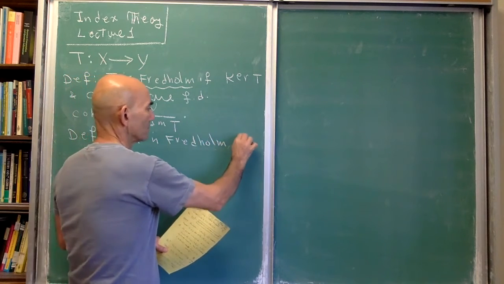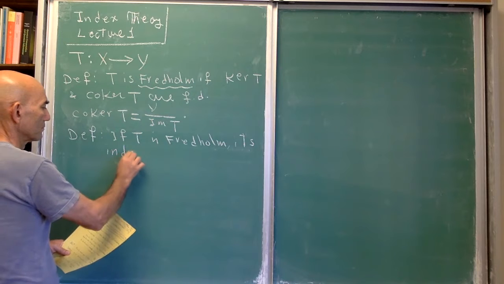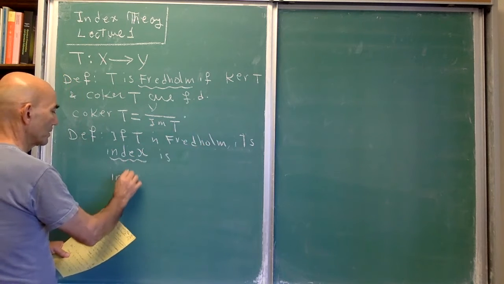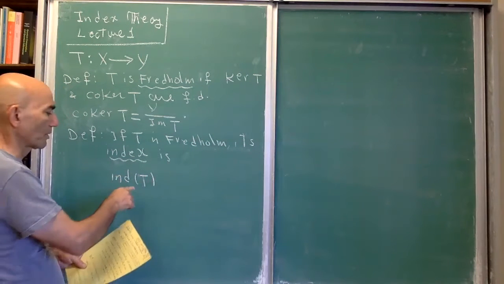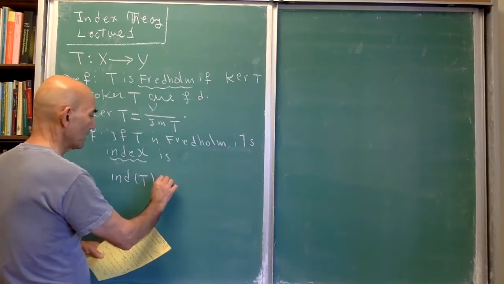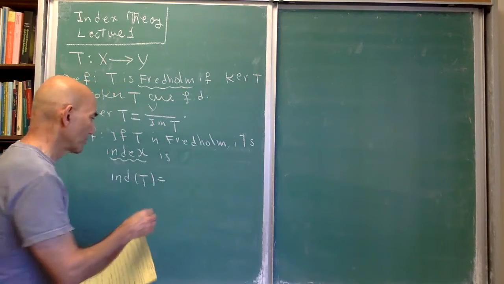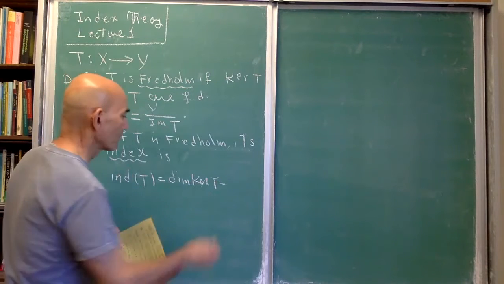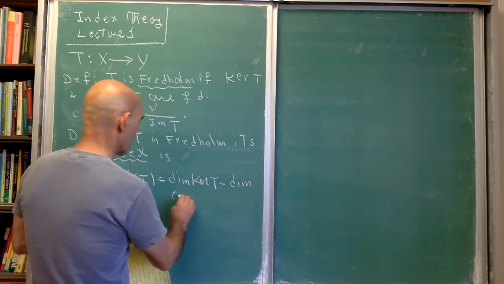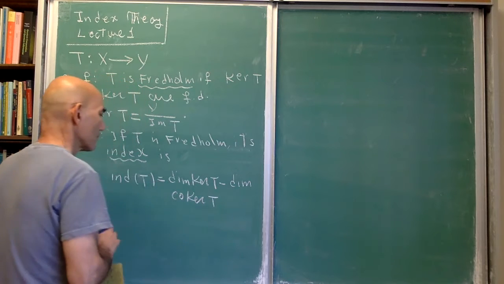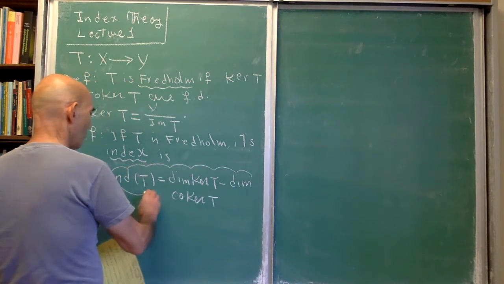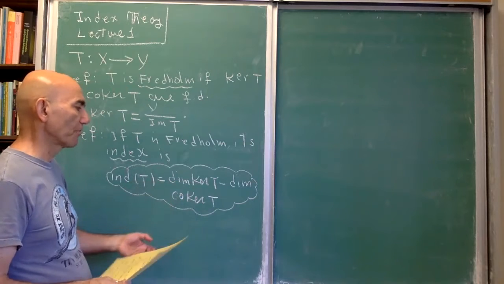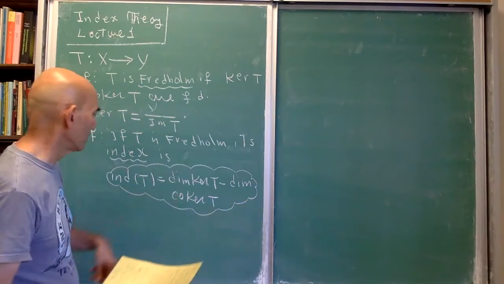Its index is defined by, so the notation is IND for index, so it's called index of T. Sometimes we don't even put a bracket around T. It's the difference of two numbers, the dimension of the kernel of T minus the dimension of the co-kernel of T. Okay, so obviously for this definition to make sense, both the kernel and co-kernel of T have to be finite dimensional so that you can take the difference of the dimensions.